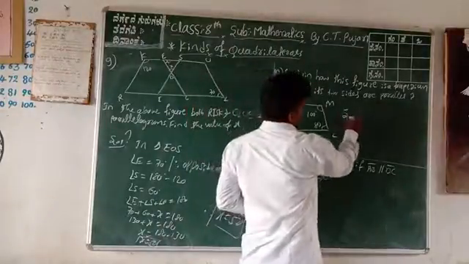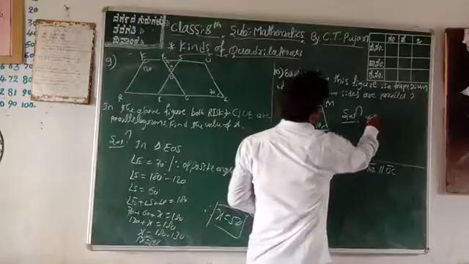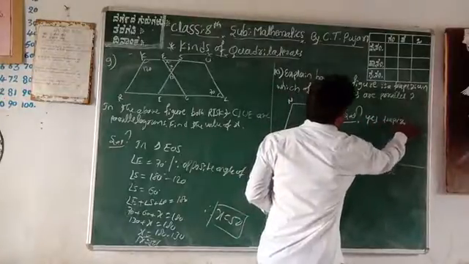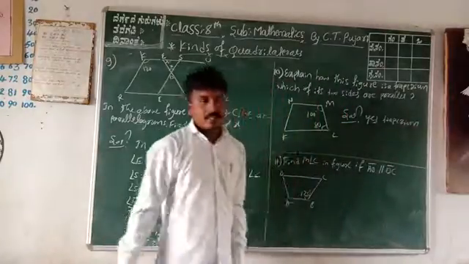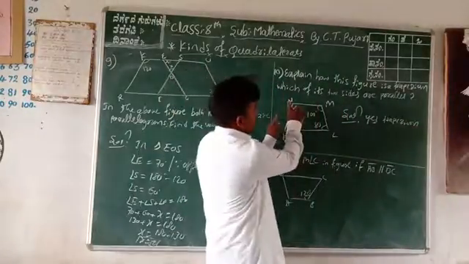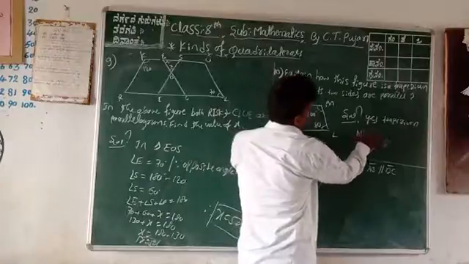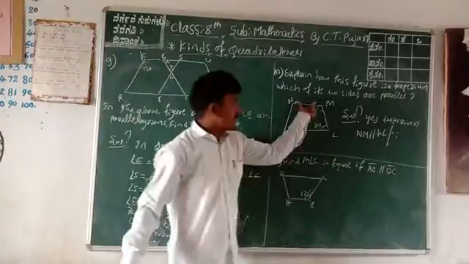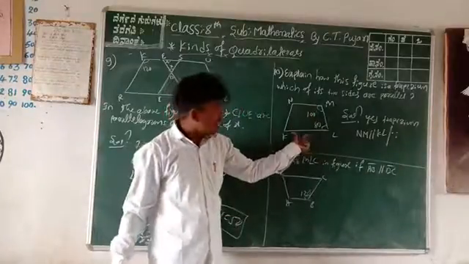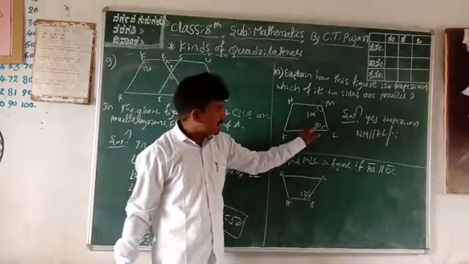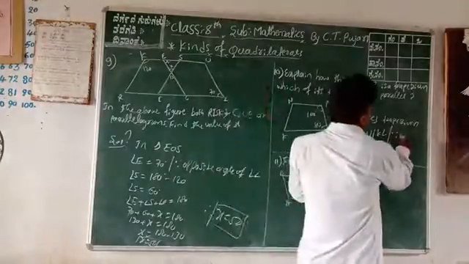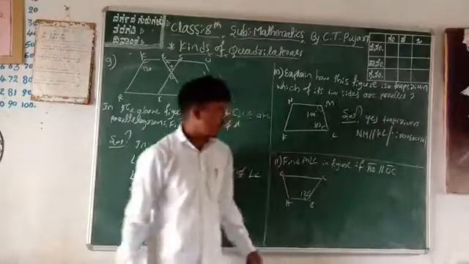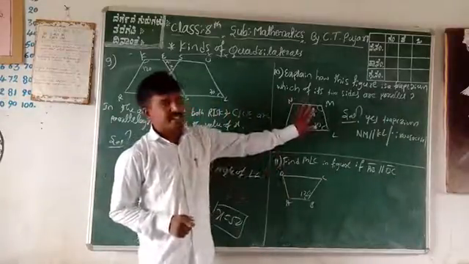Answer, solution: yes, this is a trapezium, because LM is parallel to KL. These two sides are parallel because 100 plus 80 is 180. 100 plus 80 is equal to 180 degrees. The linear figure is there. So this figure is a trapezium.